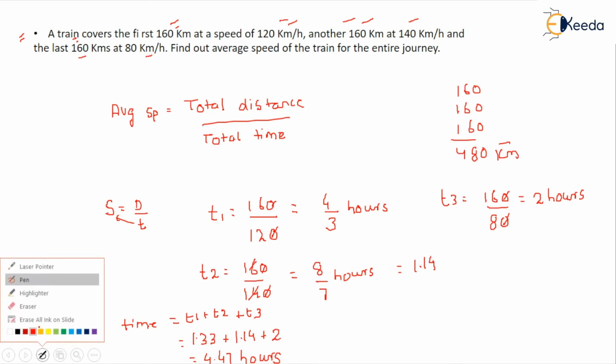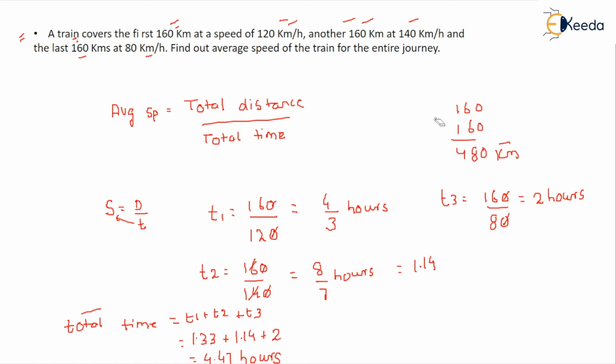So now we can apply this. The total distance here is 480 kilometers, because 160 kilometers first, another 160 kilometers, and the last 160 kilometers. And the total time is 4 hours and 47 minutes, so 4.47.